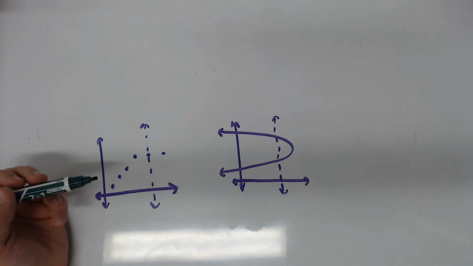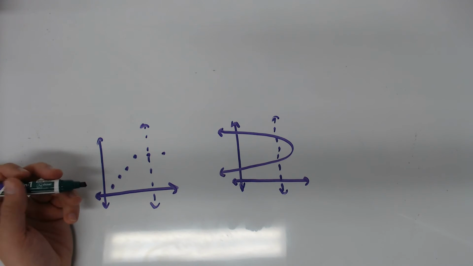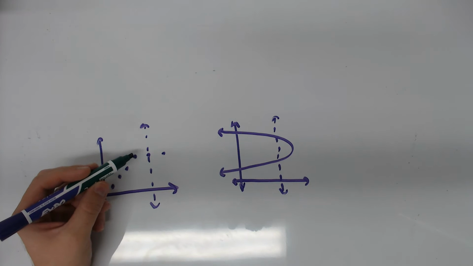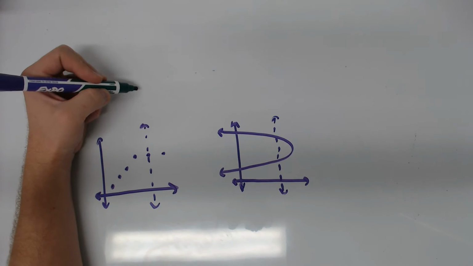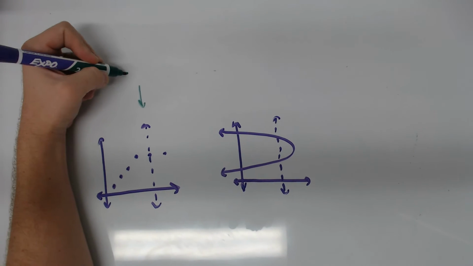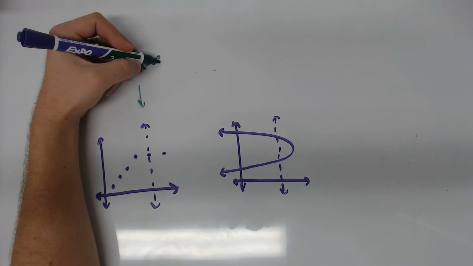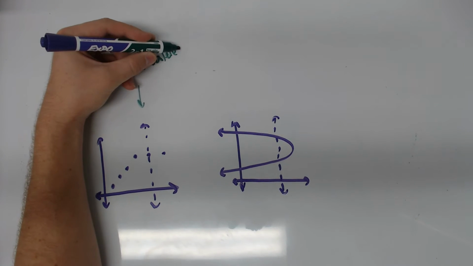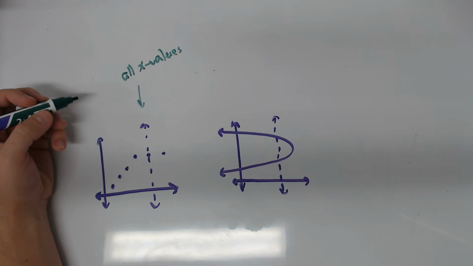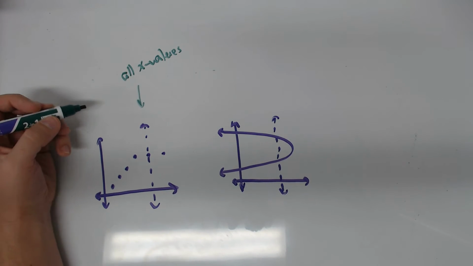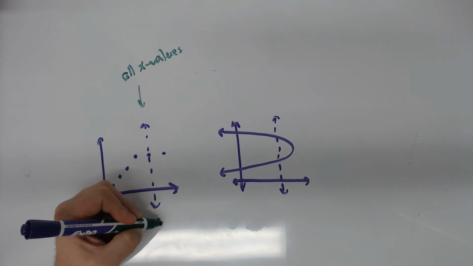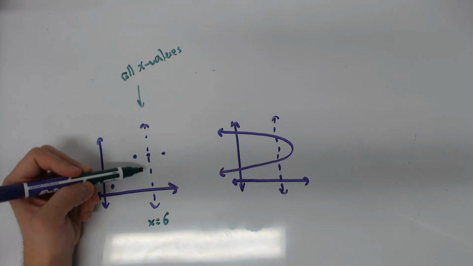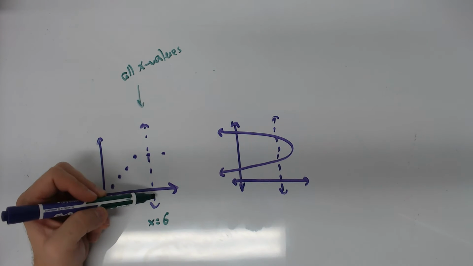When you actually have a graph, you can use the vertical line test, because this vertical line checks all x values on the line. Let's just say this is x equals 6. It checks all of the results for x equals 6.